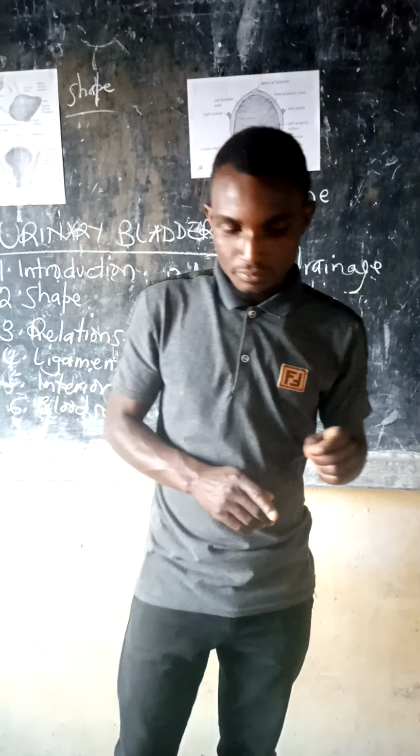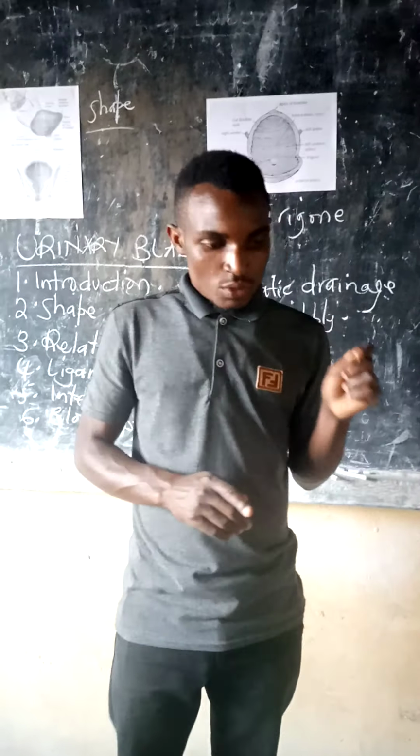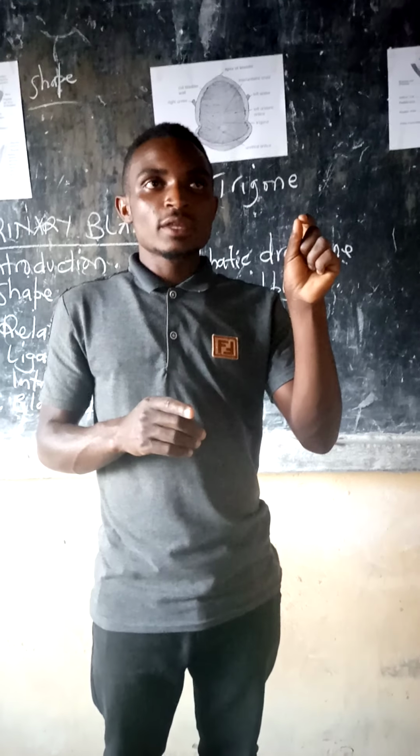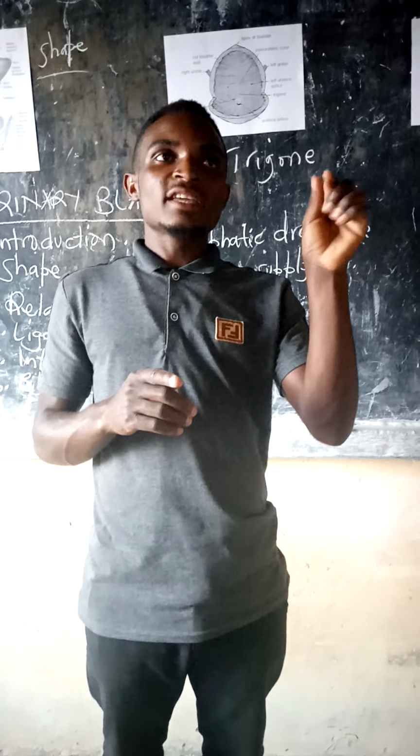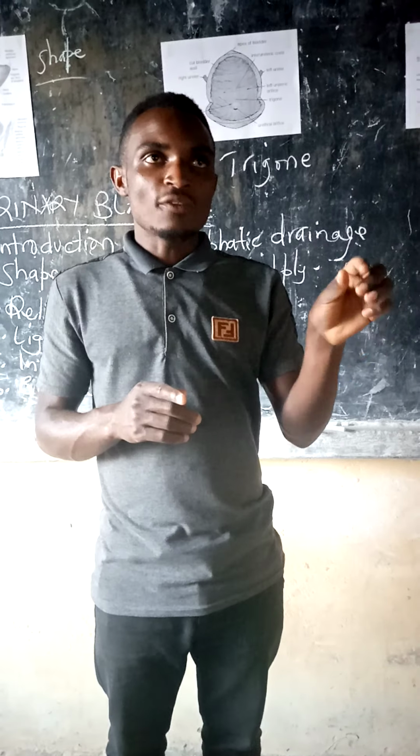Then we also have the inferior vesical artery. The inferior vesical artery comes from the anterior division of the internal iliac artery. Those are the two main vessels that supply the bladder.